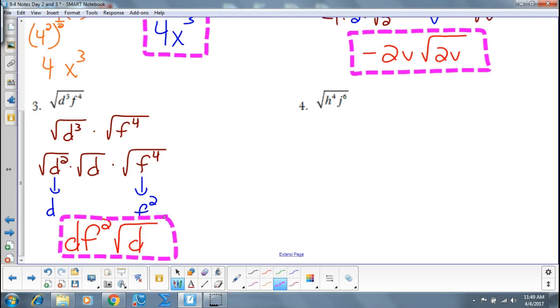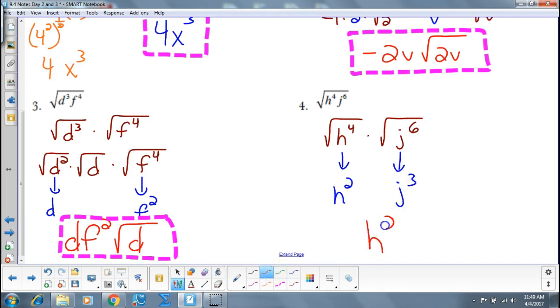Over here, this one would be the square root of h to the 4th times the square root of j to the 6th. So this would become h squared, this would become j cubed. So we get h squared j cubed.